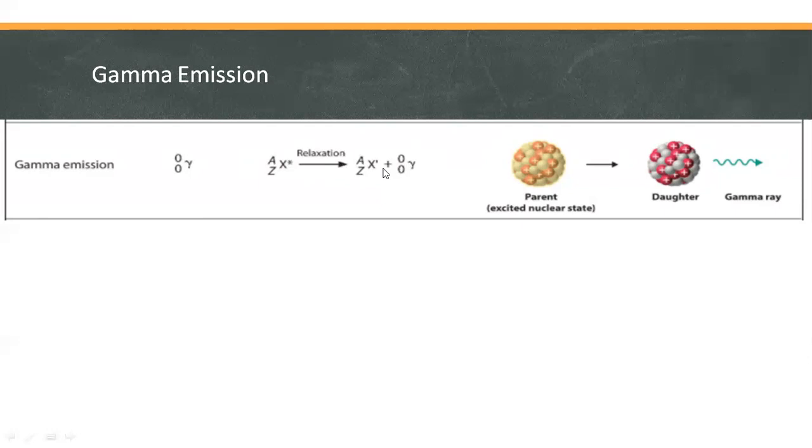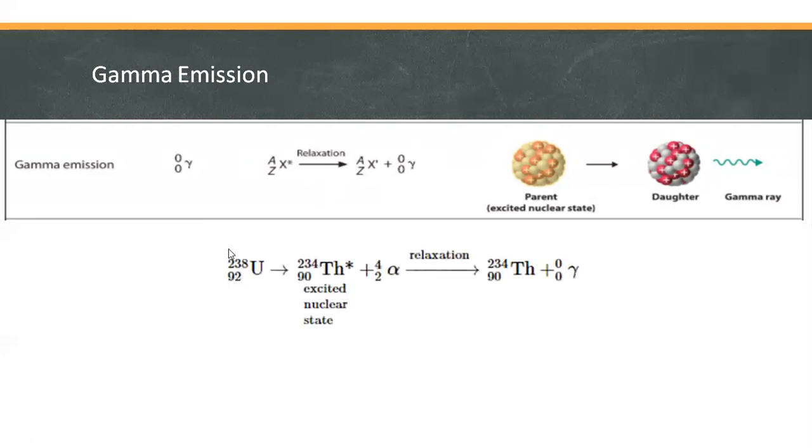Gamma emission can occur virtually instantaneously, as it does in the alpha decay of uranium-238 to thorium-234, where this asterisk denotes an excited state.